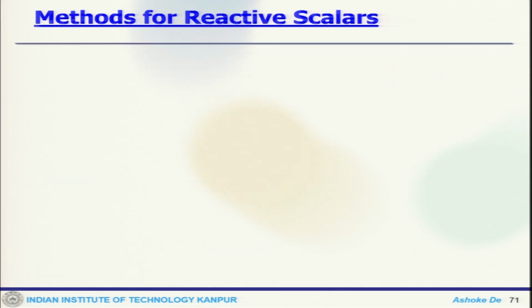Now, for high Reynolds number, we can neglect the molecular transport. If we neglect that, then the gradient transport assumption of the turbulence transport can be used to close this term, like uj double prime.